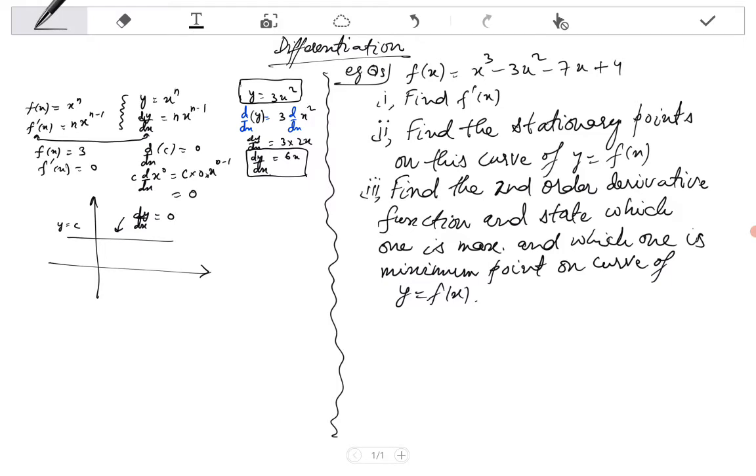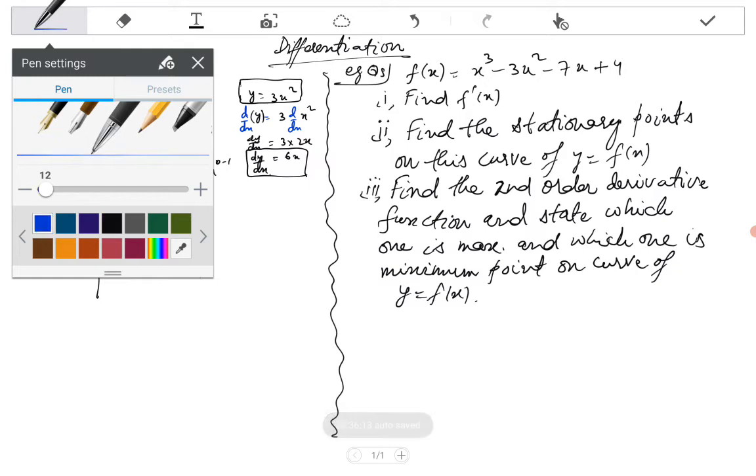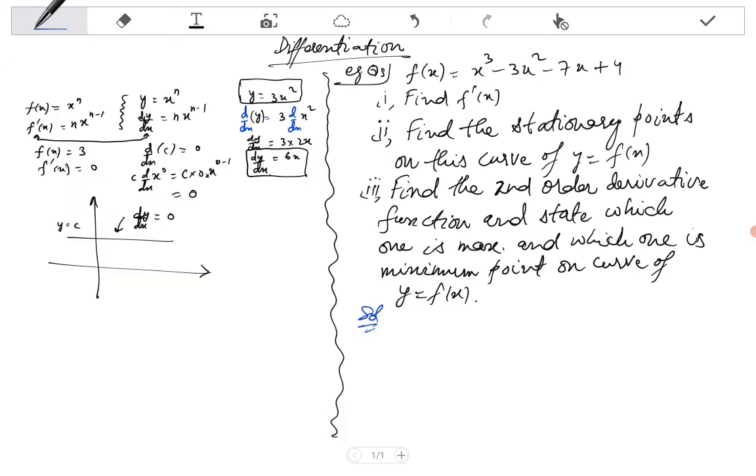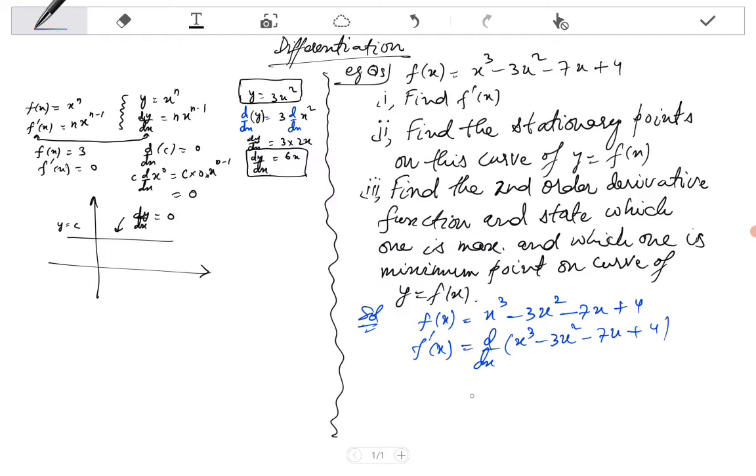So first of all, we should apply the formula of differentiation. f of x equals x cube minus 3x square minus 7x plus 4. So f dash of x, meaning the derivative function, is simply applying the d by dx operator on the right hand side, and now we have to split it into all terms.